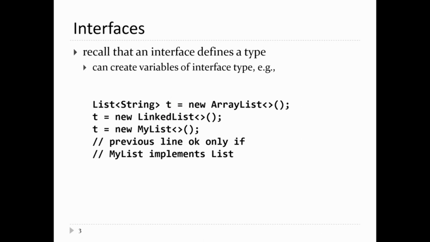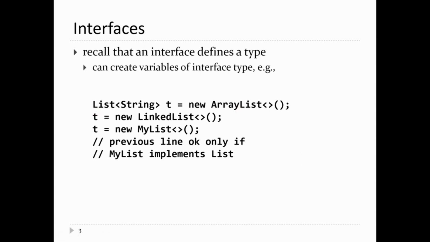This is the first time I've explained that you can have types, like ArrayList, that are substitutable for some other type, like List. And this is also an indication that in Java, objects have more than one type. The fact that I can store this ArrayList object in a List variable implies that its type is both ArrayList and List.